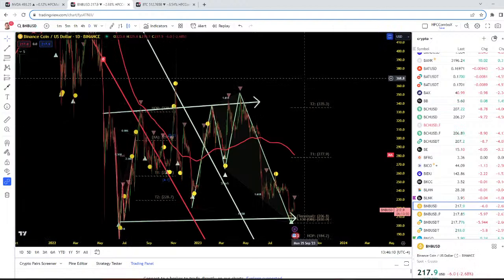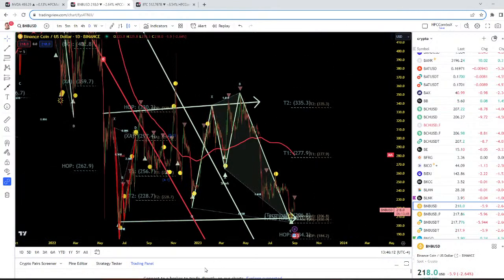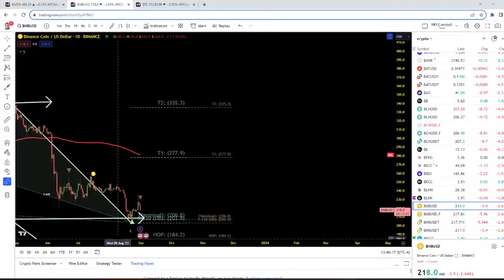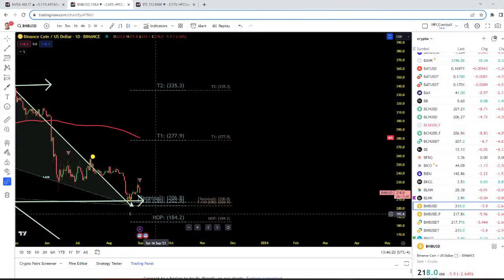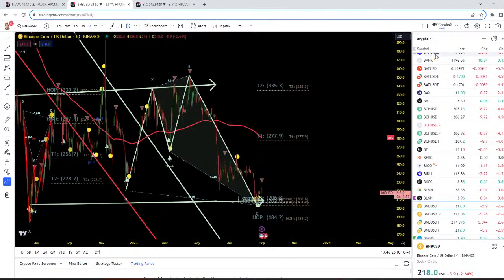And then the Binance chart here is trying to flash a bullish shark, but a little bearish downtrend at the moment. But if this breaks, then you break under 185, 175.